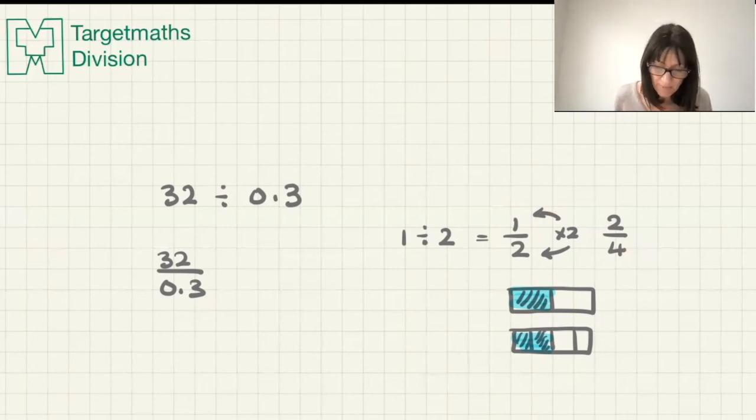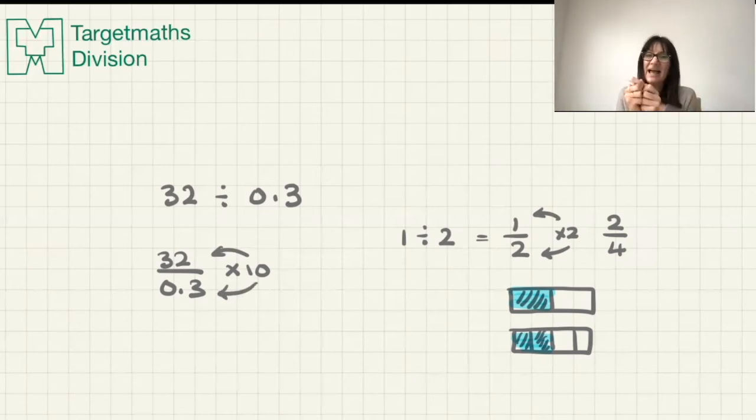If I now multiply the top and the bottom by 10, and I've specifically chosen 10 because it will shift that decimal point one place and basically get rid of it, I will get 320 on the top and 3 on the bottom. Timesing by 10 moves that one place in that direction and adds a 0 here.